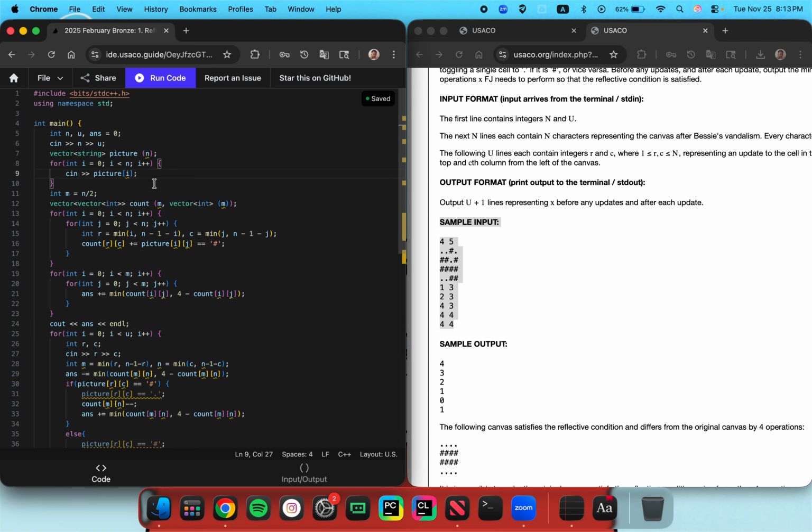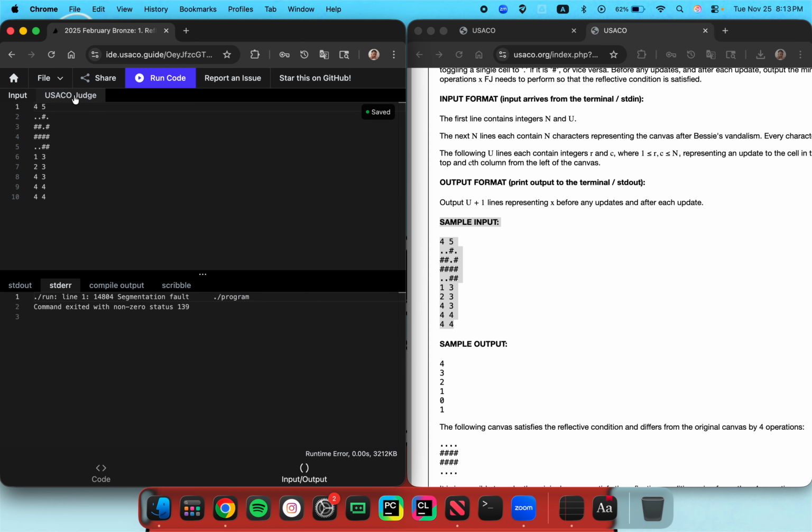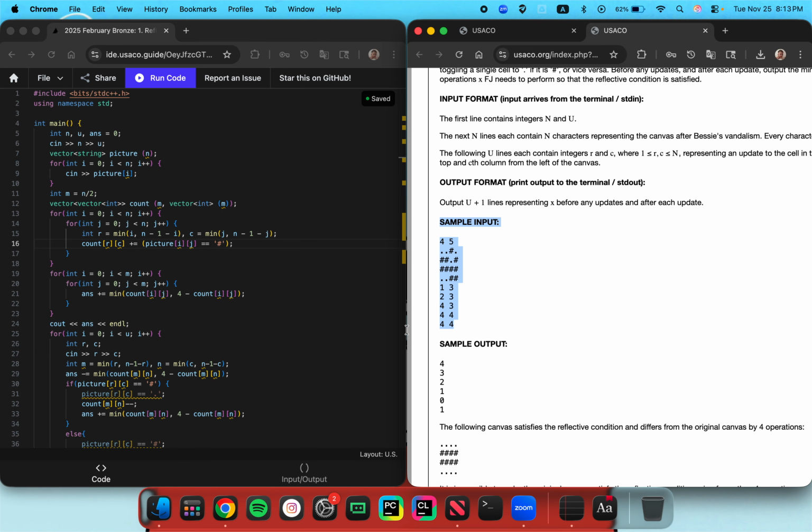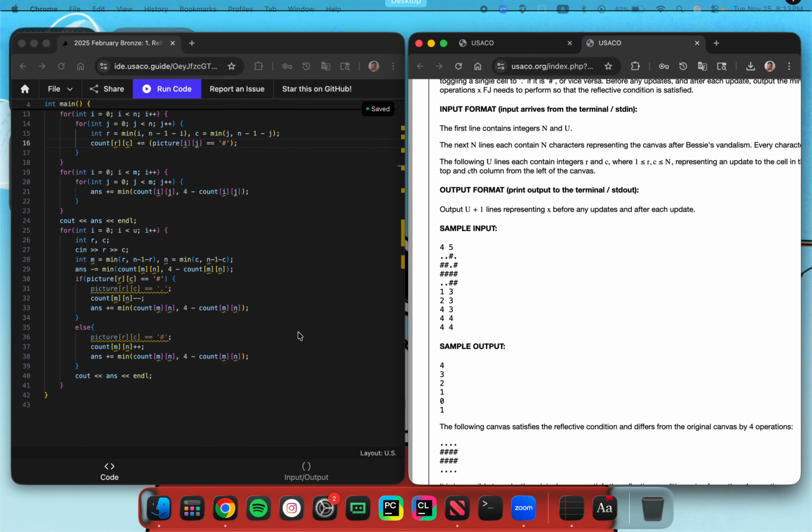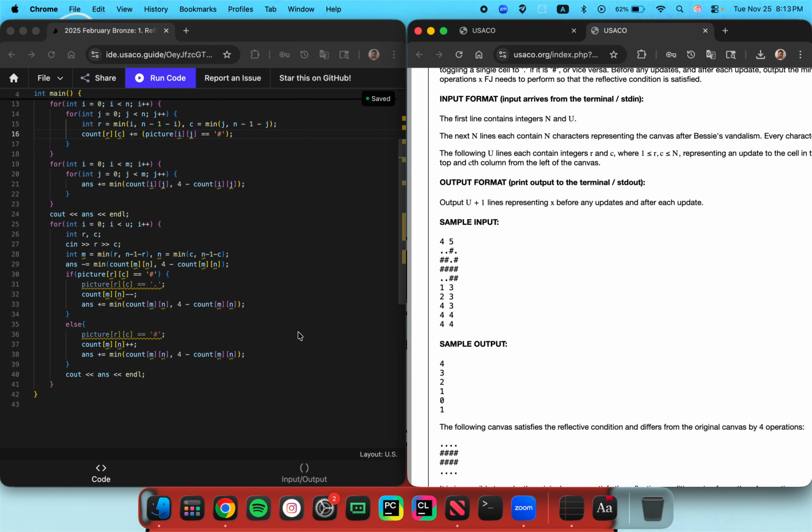Picture is there, count r c minimum. Oh, I don't even know if I have this actually. Let's check for another one. What could possibly go wrong, you know?